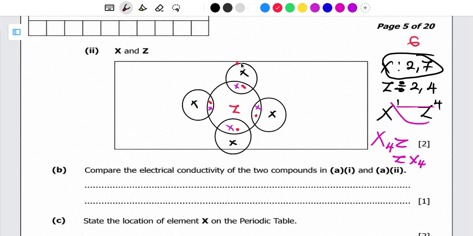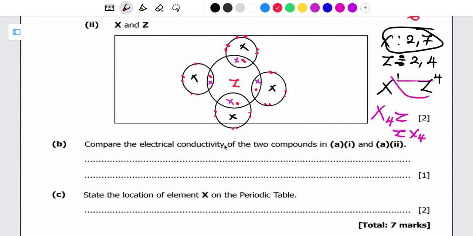So let me put 1, 2, 3, 4, 5, 6 plus this to 8 stable. 1, 2, 3, 4, 5, 6 plus this to 8 stable. 1, 2, 3, 4, 5, 6 plus this to 8 stable. So this is how you're supposed to draw.